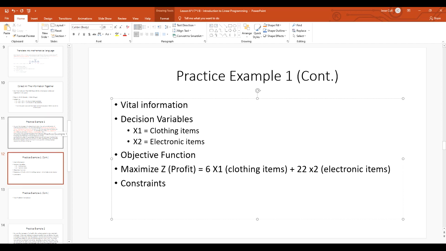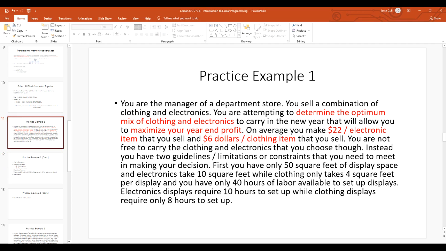So then we go back and we see that we have limitations governing our choices. If we had no limitations, we would carry an infinite amount of clothing and an infinite amount of electronics. But in real life, that's not possible. We have limits. So we see that we have only 50 square feet of display space available.